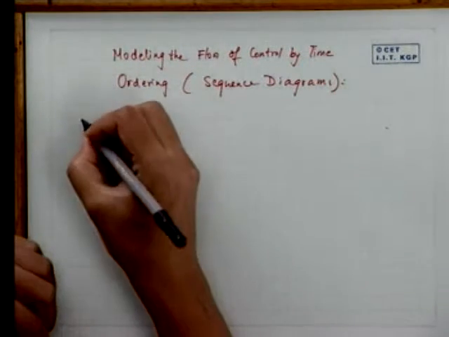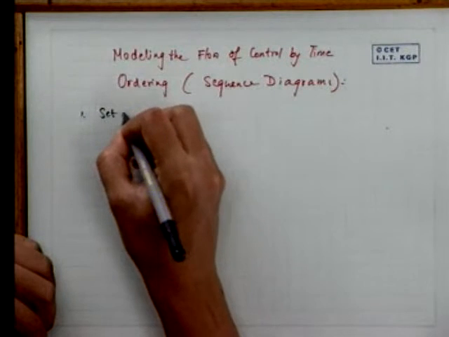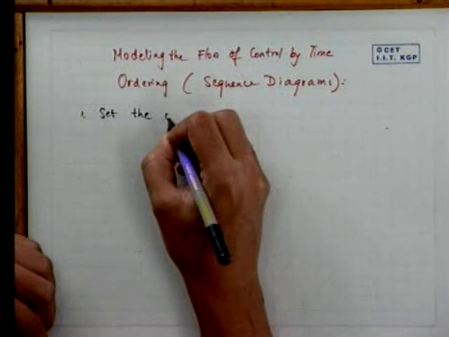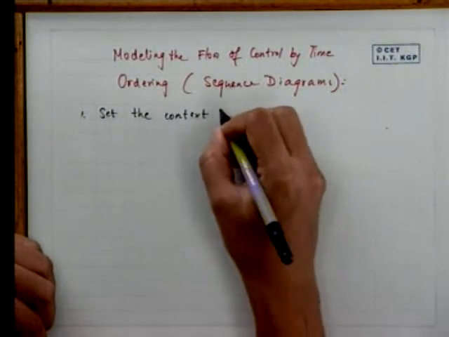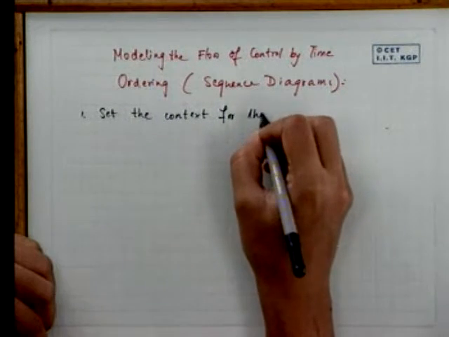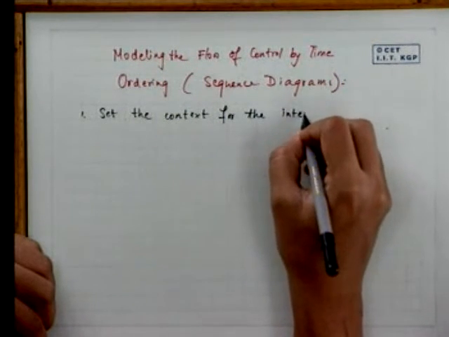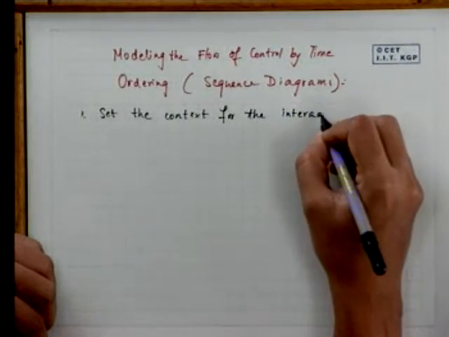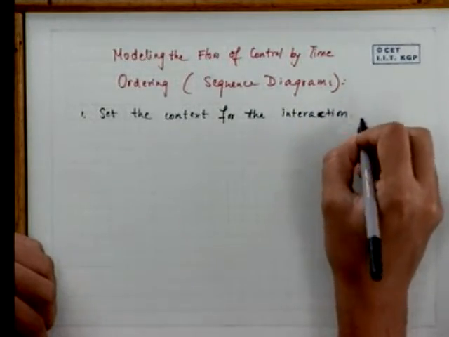Step 1 is to set the context for the interaction. For this, you have to identify the systems, the subsystems, the classes, and the objects that take part in this interaction.